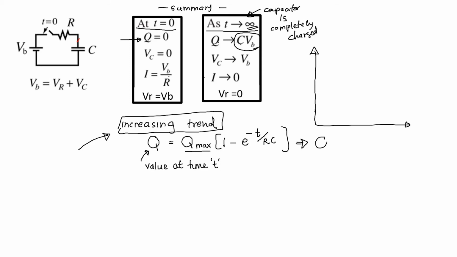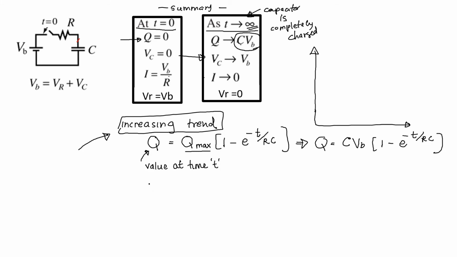So if I replace the maximum Q value with C times VB, this is my equation. In the same way, we have an increasing trend for the voltage across the capacitor.